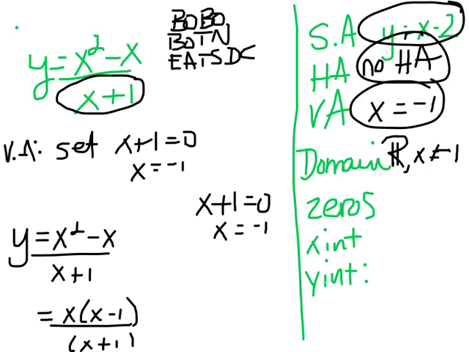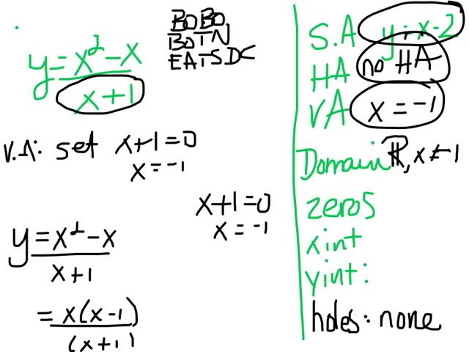That is either going to be a hole in the graph, or it's going to be a vertical asymptote, and it's a vertical asymptote. It would have been a hole if it had canceled out of the top and the bottom, but it didn't. So if you had this on a quiz, there are no holes.